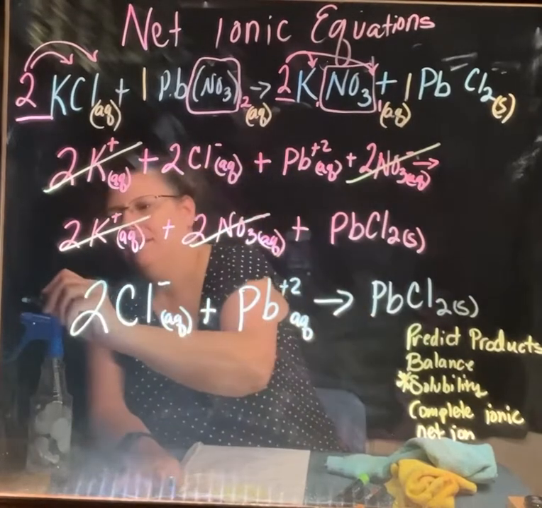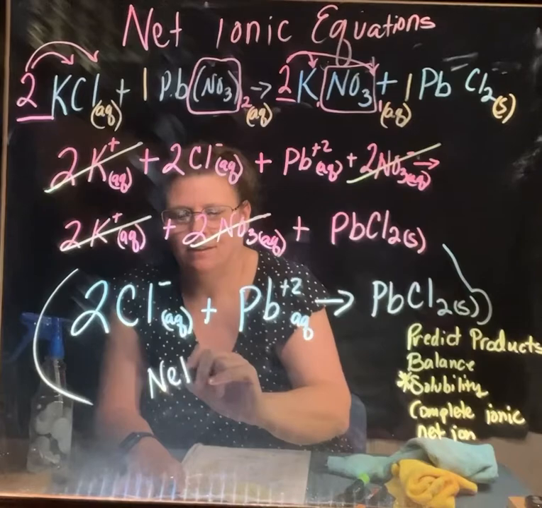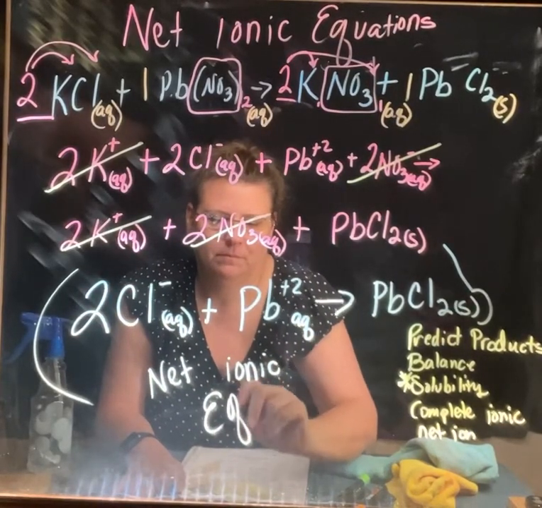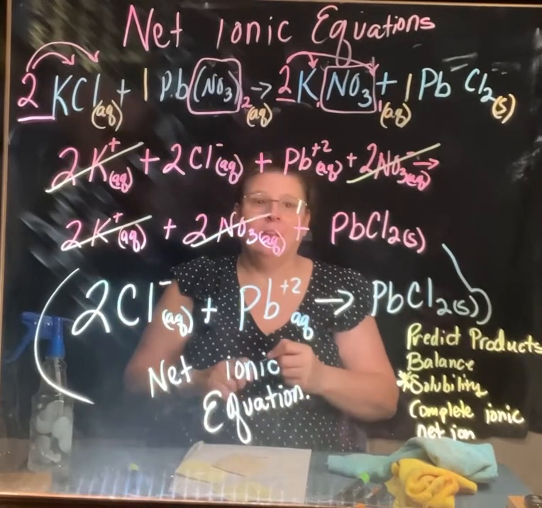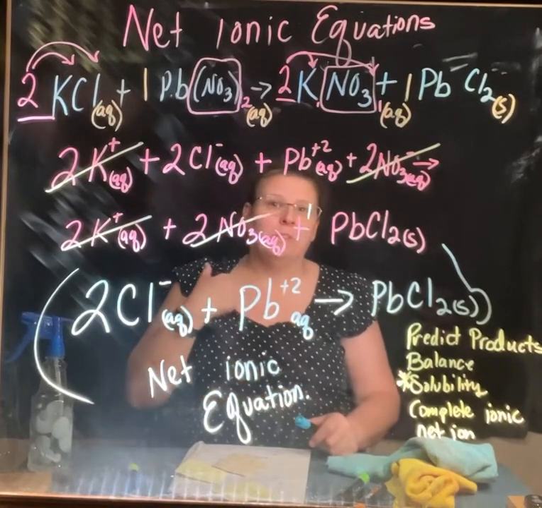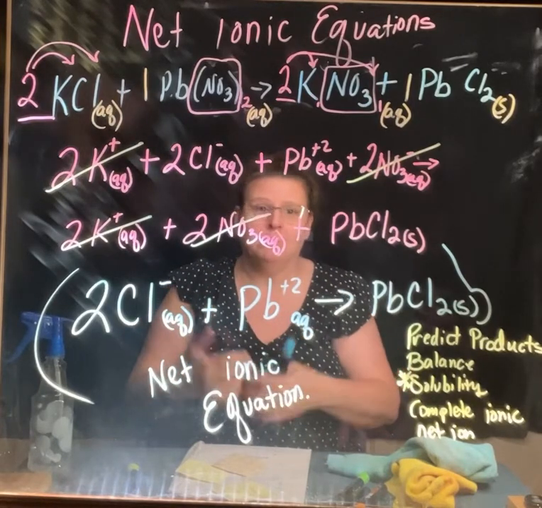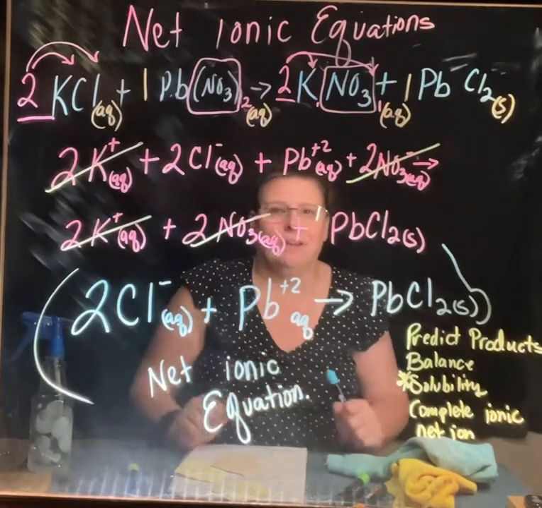And this right here is my net ionic equation. Okay, and that's what we're trying to get to. What was playing a part in the process when we did our chemical reactions? What was playing a part in making the solid? Well, these were the ions making the solid.